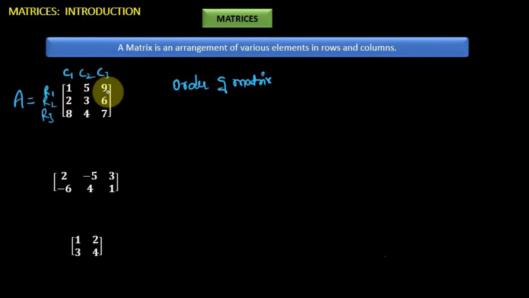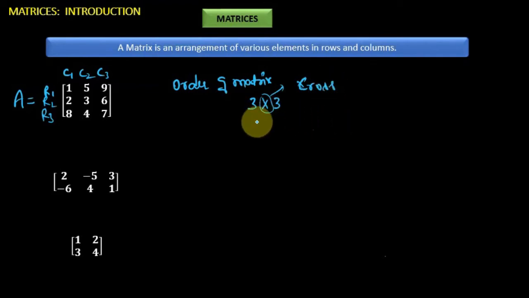For example, in this, how many rows are there? 1, 2, 3, and columns 1, 2, 3. So the order is 3 number of rows cross 3. We pronounce this multiplication sign as cross.